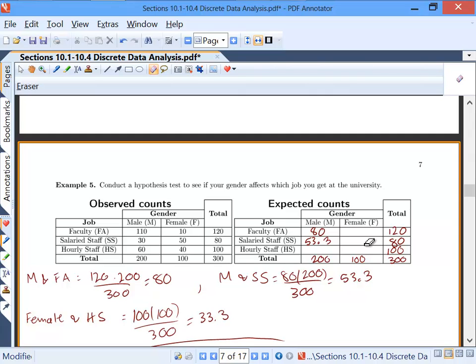Could you tell me what all the rest of these cells had to be, keeping in mind that the totals have to be the same as the observed totals? What would this cell have to be? 120 minus 80 is 40. And 80 minus 53.3 gives me 26.7.